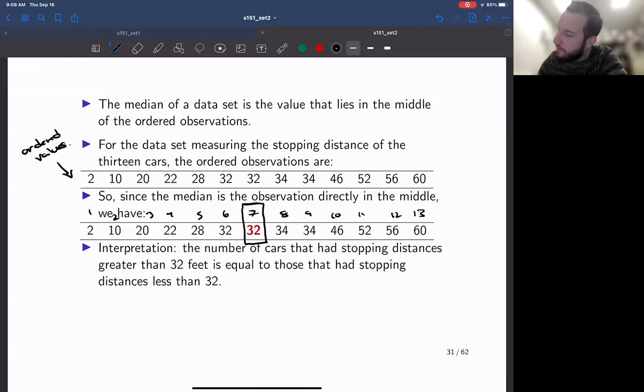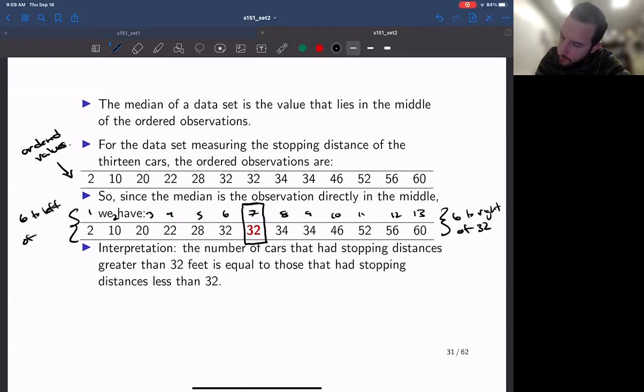So here we have 6 values to the right, and here we have 6 to the left of 32. Okay, so we have 6 values on each side of 32, which means that 32 is the midpoint because it falls in the middle of the data set.